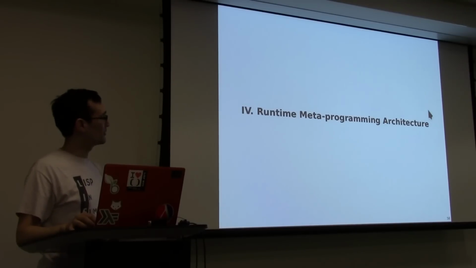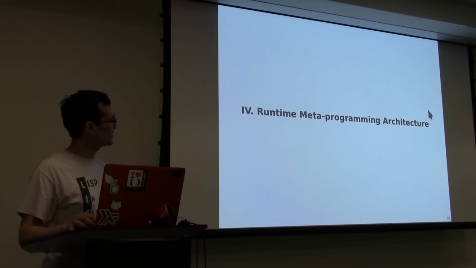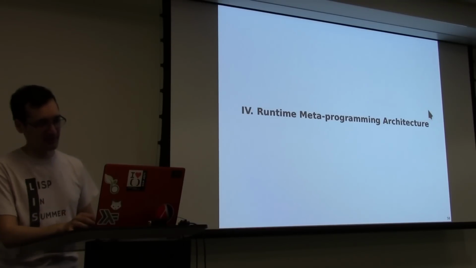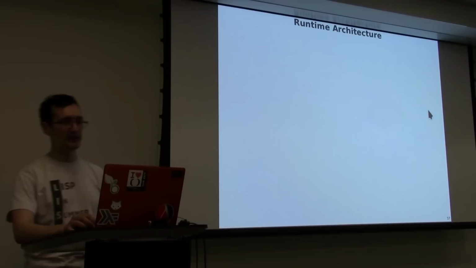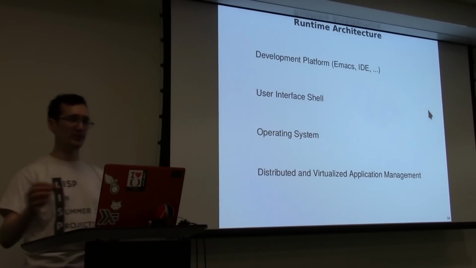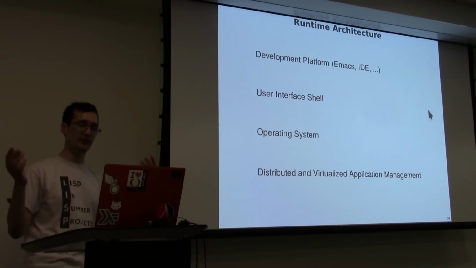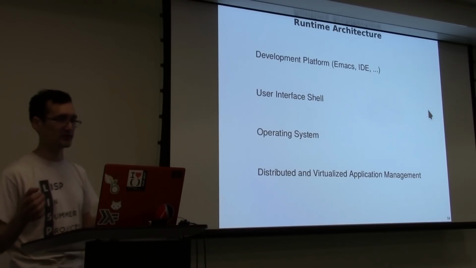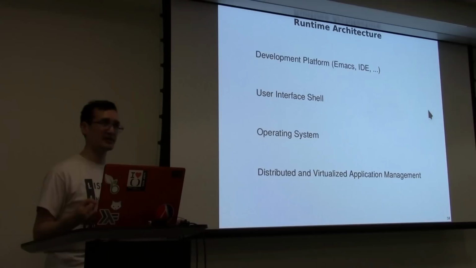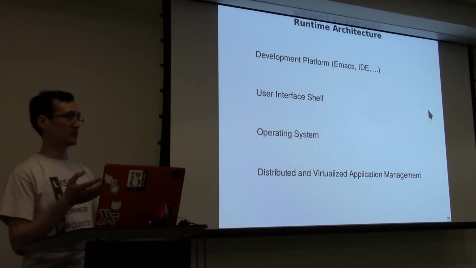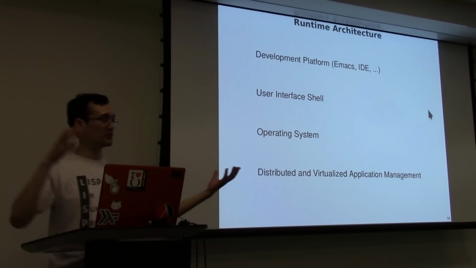Okay, so my last part is about runtime metaprogramming architecture. What I call a runtime architecture is something where you have a development platform, so it can be Emacs or whatever inferior IDE you're using instead. It can be any kind of user interface shell, whether it's a Unix shell or your Windows something.